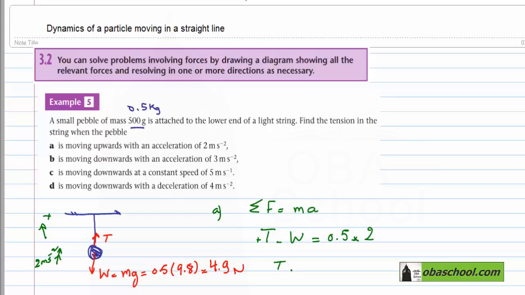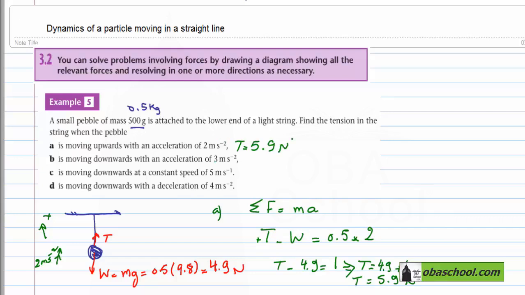Then T minus 4.9, the weight, is equal to 0.5 multiplied by 2, that's equal to 1. Then we move the negative 4.9 to the right side of the equation, and T is thus 4.9 plus 1, that's equal to 5.9 newtons. So the tension is equal to 5.9 newtons.